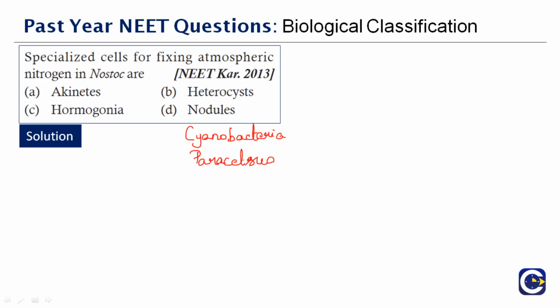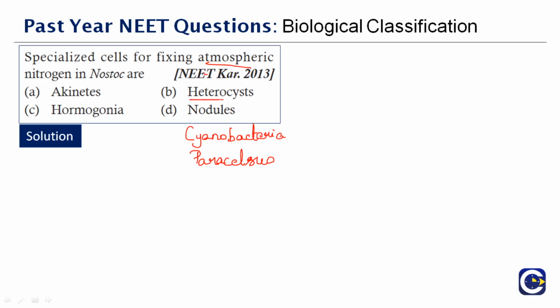Like most blue-green algae, Nostoc contains two pigments, blue phycocyanin and red phycoerythrin, and it also has chlorophyll. It has the ability to fix nitrogen. The main important feature is they can fix atmospheric nitrogen in specialized cells called heterocysts.